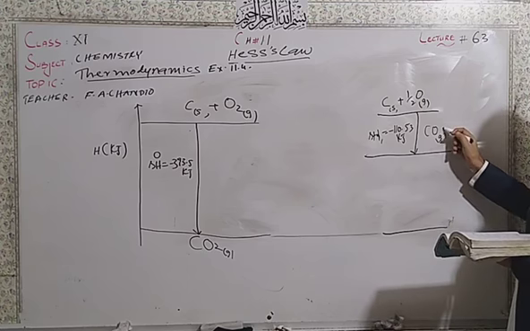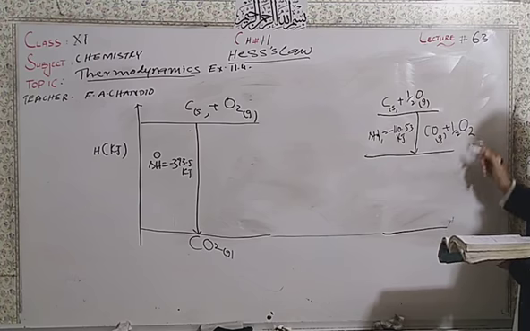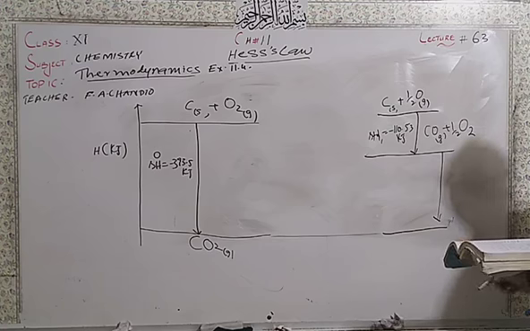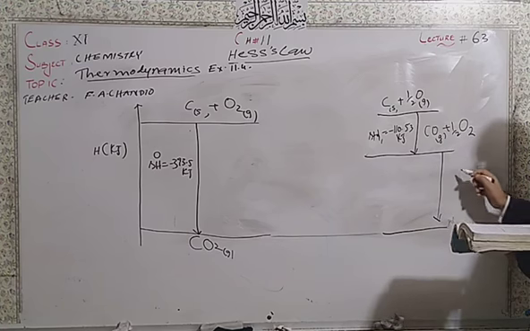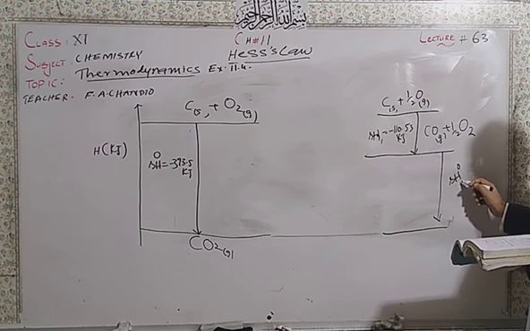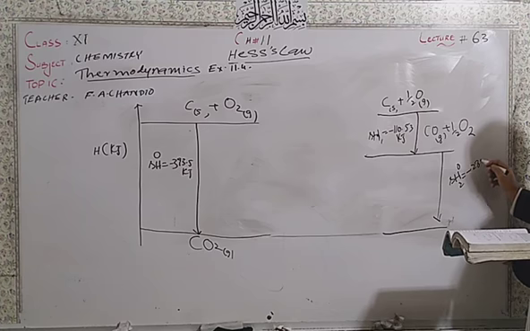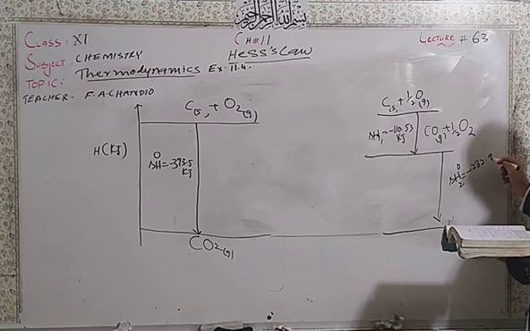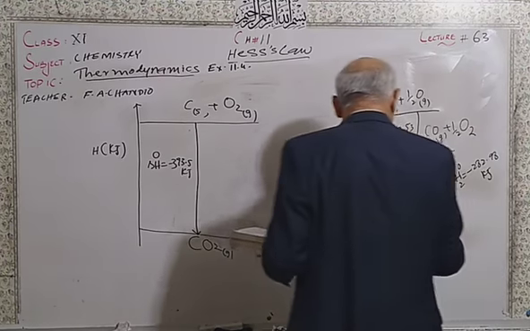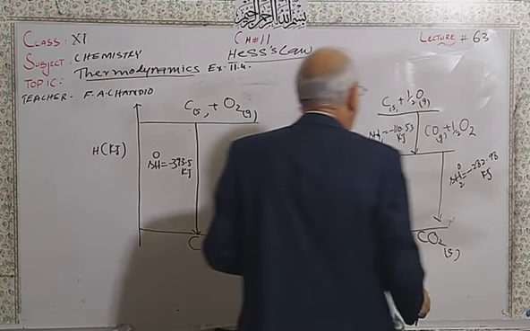So when this carbon monoxide again oxidizes, it is going to change into carbon dioxide gas, with delta H naught 2 of minus 282.98 kilojoules.